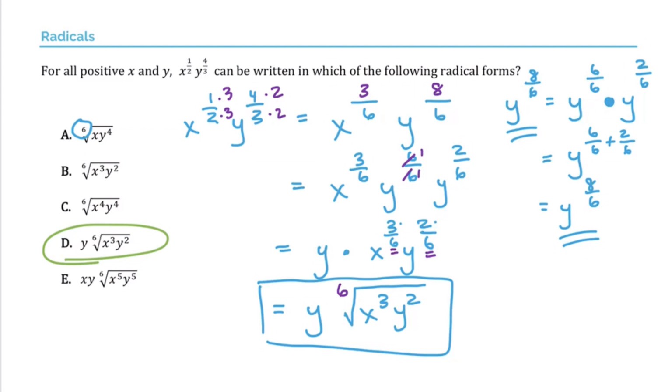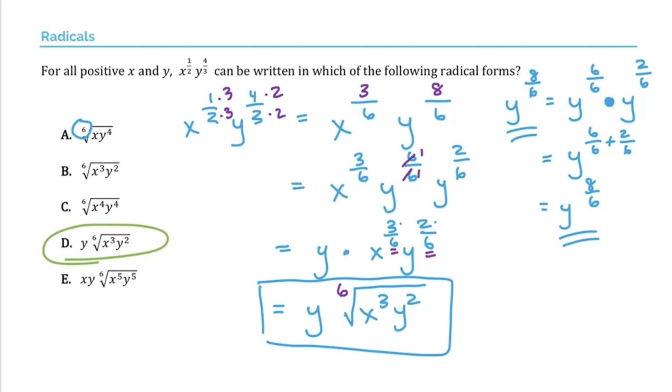Again, this question was the hardest one in the section. So I really want to make sure you know this is as hard as solving with radicals and exponents can get. First, you had to make sure that you knew those rules about how you can rewrite between radicals and exponential form. You had to review your rules of combining fractions, knowing that you had to have the same denominator, and how do you do that?